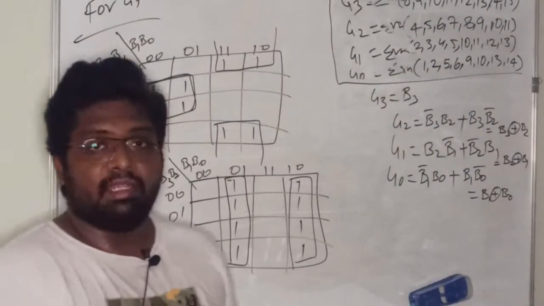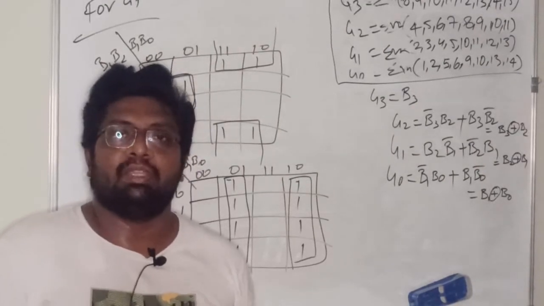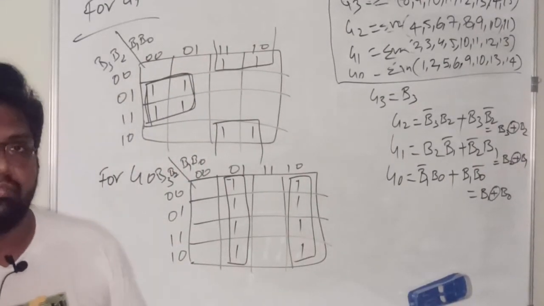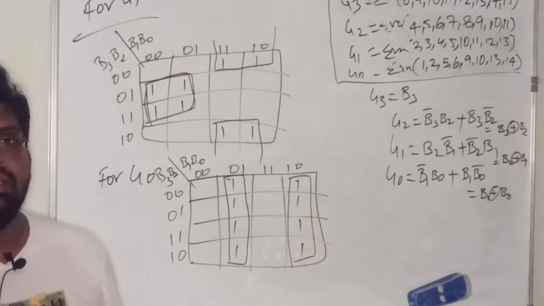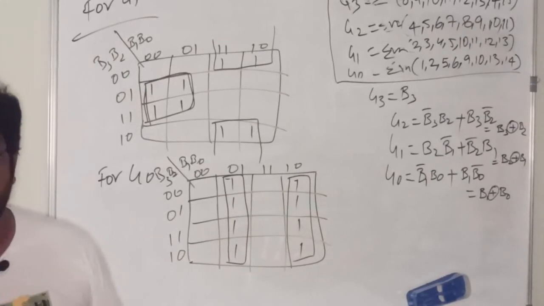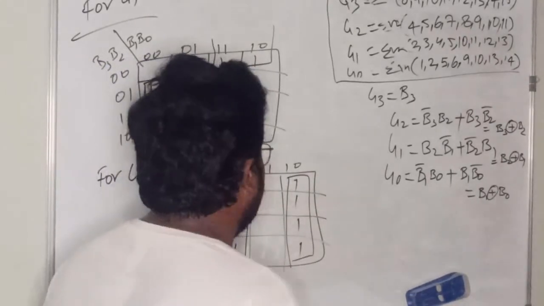So we are done with the third step in our design procedure, right? So finally we need to implement the combinational logical circuit by using the basic logic gates, right?